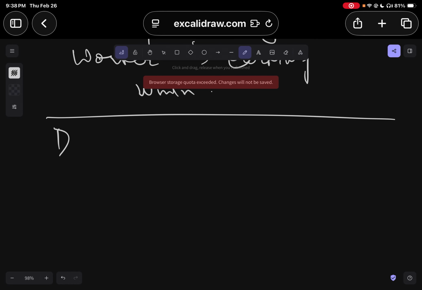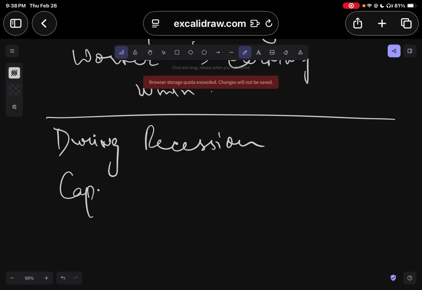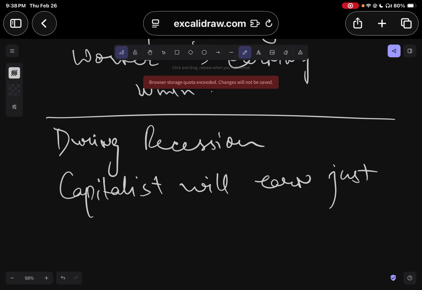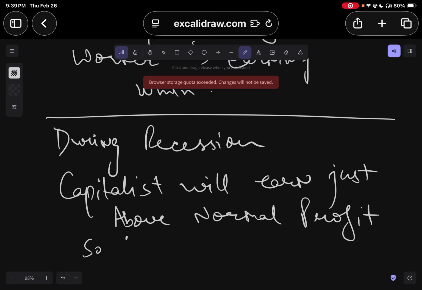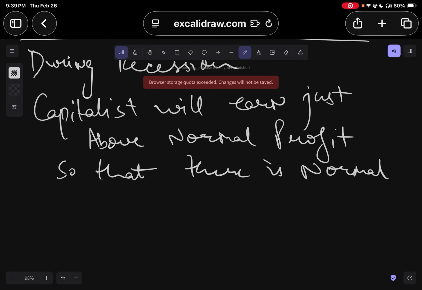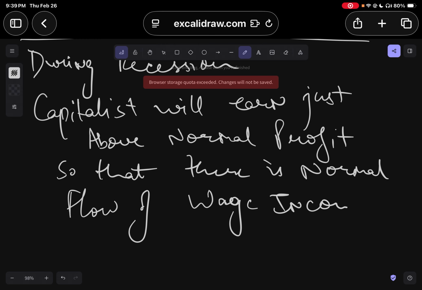So during recession, capitalists will earn just above normal profit so that there is normal flow of wage income to workers such that they don't leave the market.